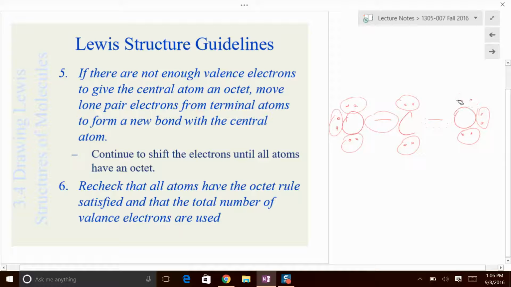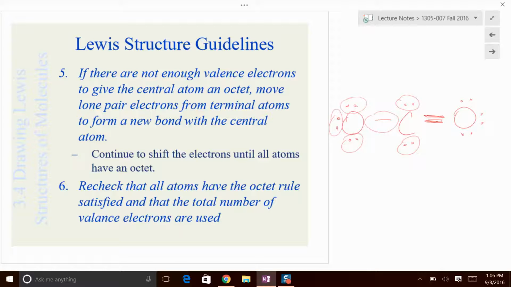So, just kind of do that here. I'm going to make a bond between the carbon and the oxygen. But when I do that, that is actually just adding electrons, right? So I added 2 more. So to maintain the rule of 8, I will have to remove electrons now.